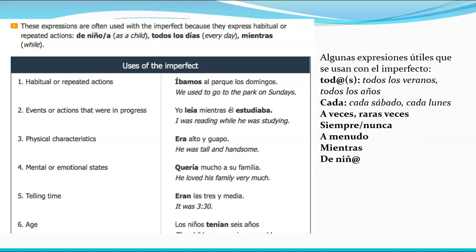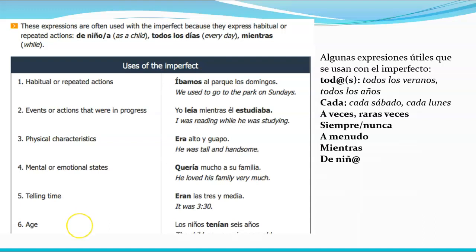Well, it's not really, it's more of a condition, I guess, in the past. Okay, so we also use it with telling time in the past, like eran las 3:30, so it was 3:30. Era la medianoche cuando por fin me dormí, so it was midnight when finally I fell asleep. And always age. Age is always imperfect. So los niños tenían 6 años, so the children were 6 years old.